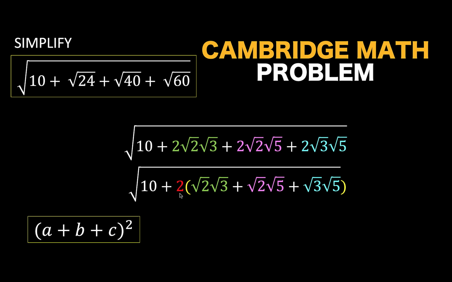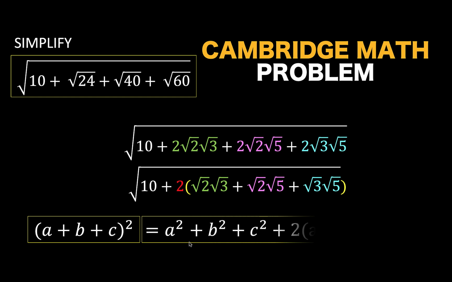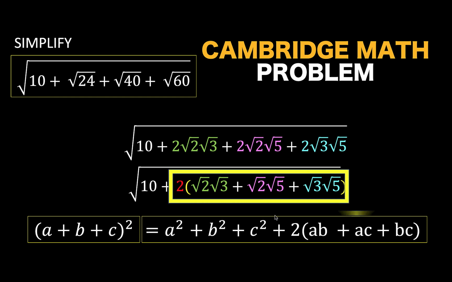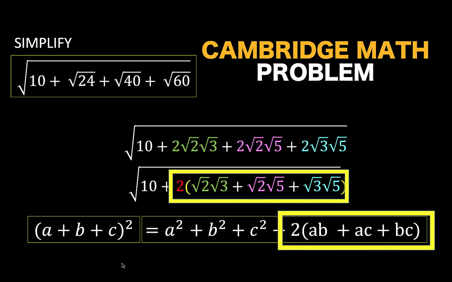Now let's recall this identity. The square of the trinomial a plus b plus c is equal to a squared plus b squared plus c squared plus 2 times the quantity ab plus ac plus bc. Now look closely at this part and compare that with this part of this identity.